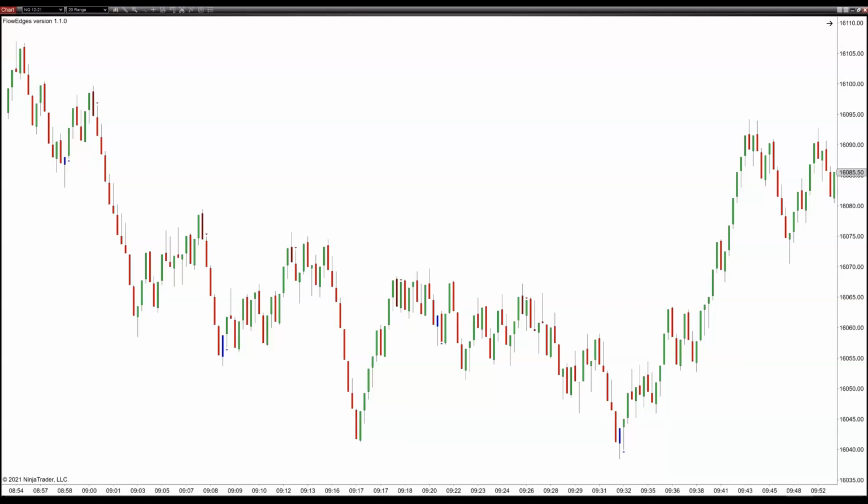Sometimes I may see something on a 30-second chart that just never develops on a 1-minute chart, just as I might see it on a 25 range chart, and it doesn't appear on a time-based chart. So it gives me other views into the market on something that I could take advantage of.